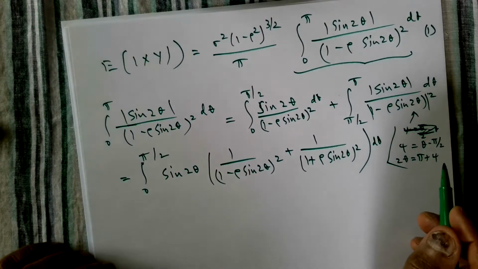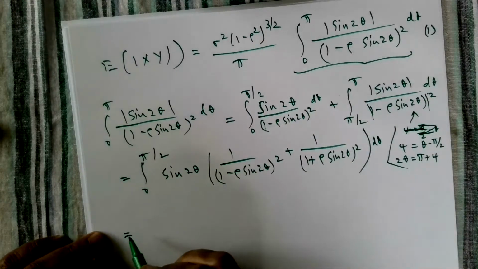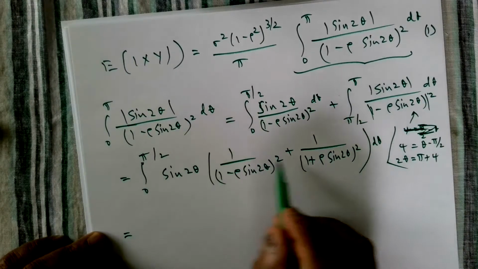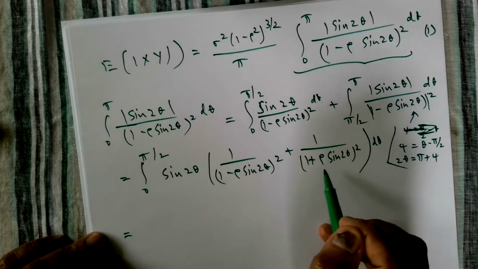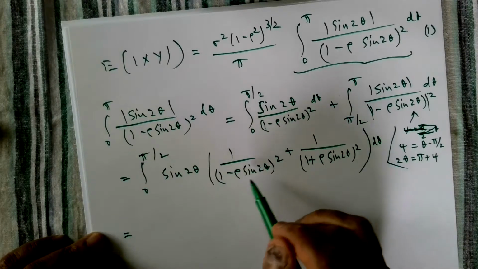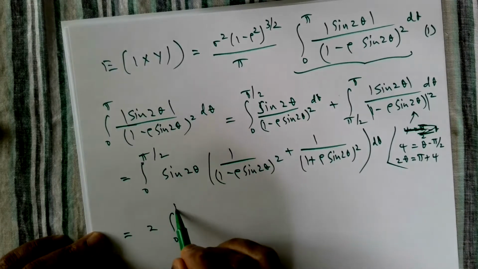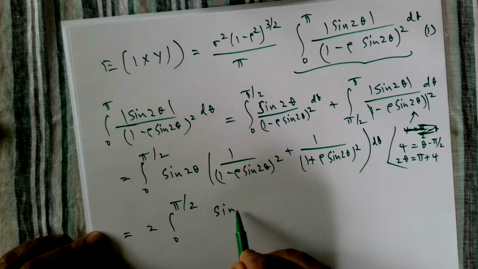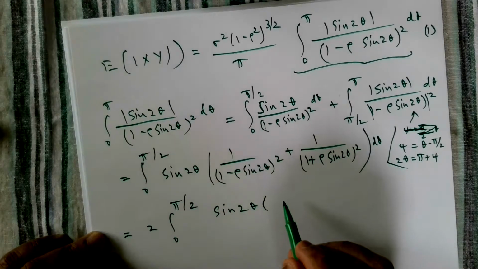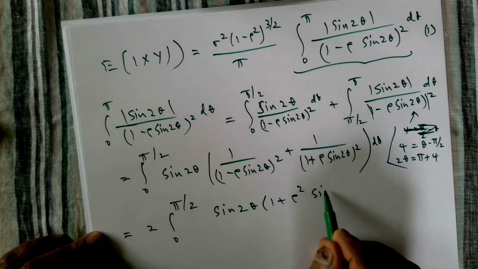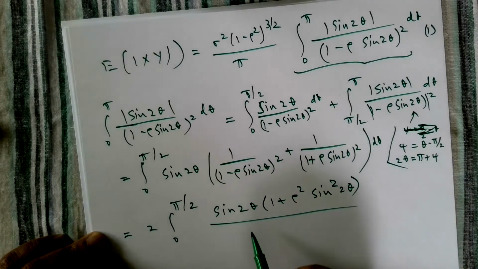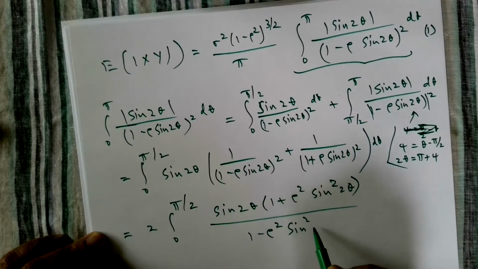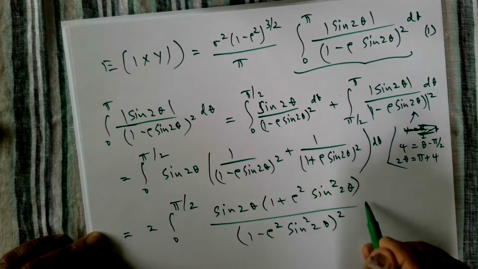If you combine the numerator terms, you get rid of the middle term, and the constants come twice. So this is the integral from 0 to pi by 2 of sine 2 theta multiplied by (1 plus rho squared sine squared 2 theta), divided by this multiplied by this, that's (1 minus rho squared sine squared 2 theta) squared d theta.